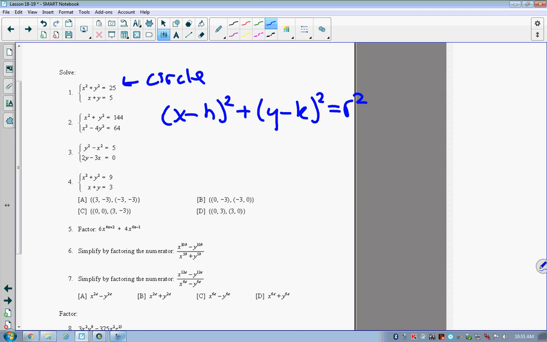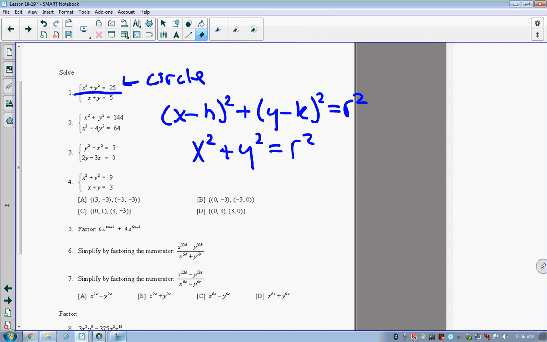In the event that the center is at 0, it reduces to x squared plus y squared equals r squared. Do we see that with this one? The center of the circle, based upon that equation, is 0, 0, and it has a radius of 5. Do we understand why it has a radius of 5, and not 25? Everybody's on board with that.